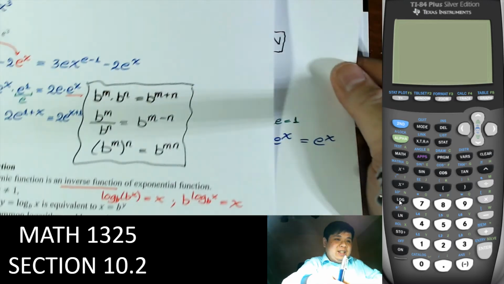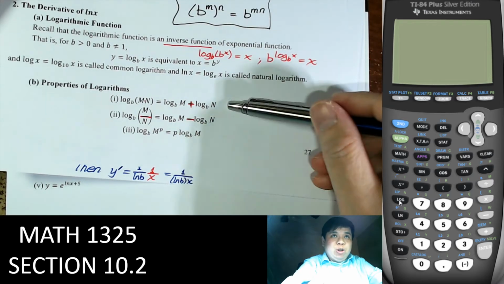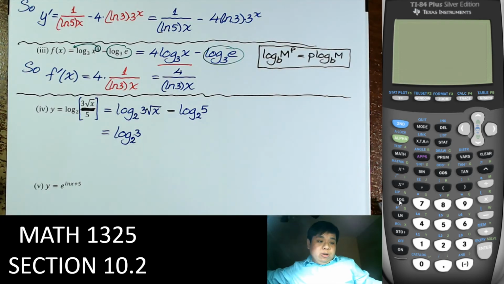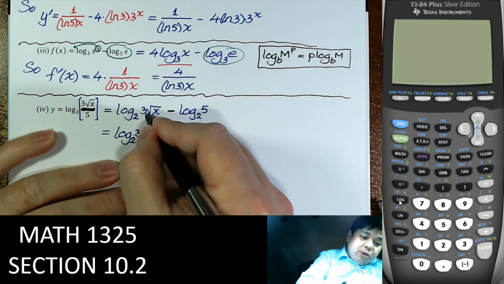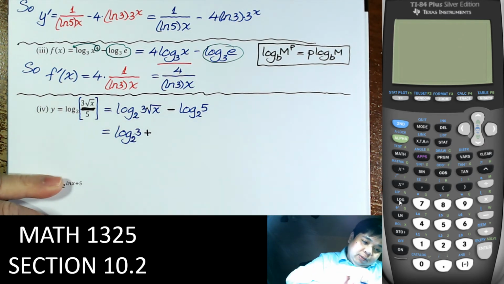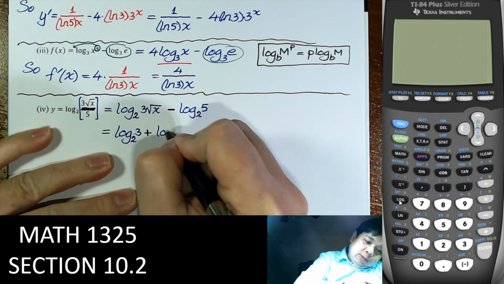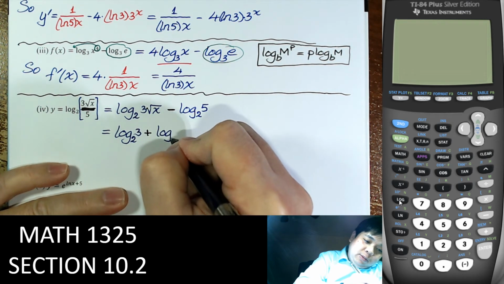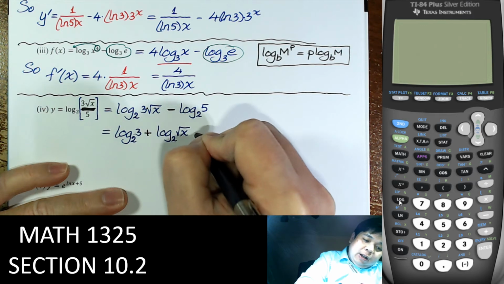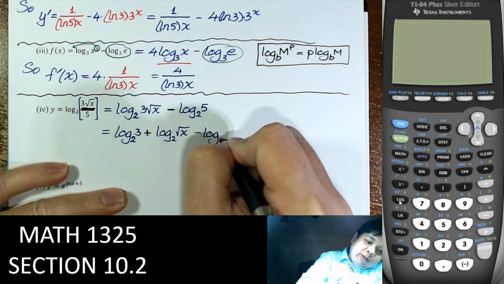This is the formula that we use in here to simplify the logs before we do the derivative. So multiply, we add, still base 2, square root of x, minus log base 2 of 5.